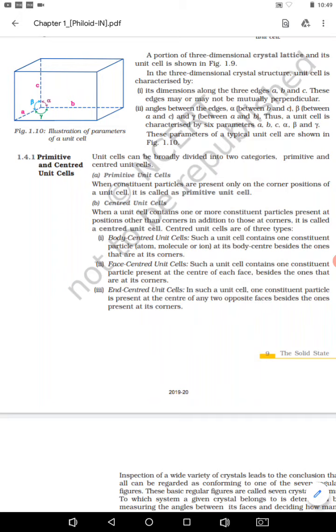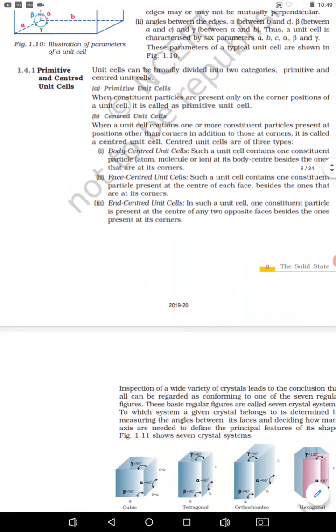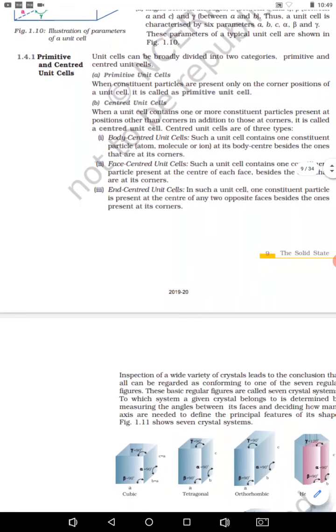Thus, a unit cell is characterized by 6 parameters: A, B, C, and alpha, beta, gamma.